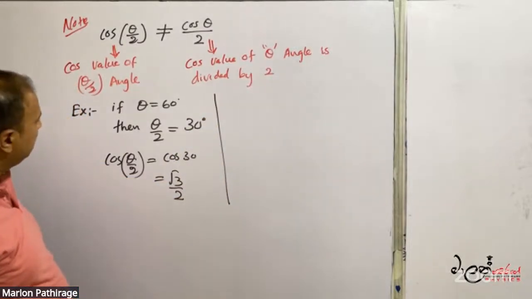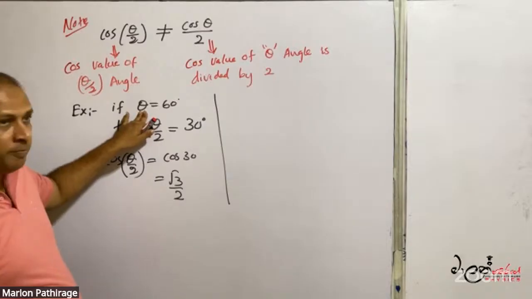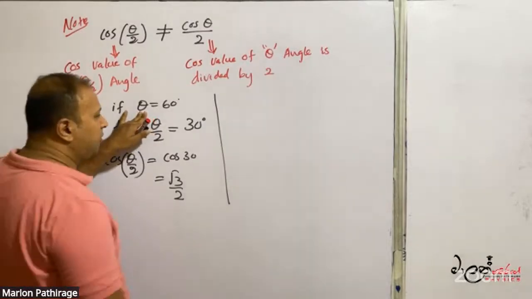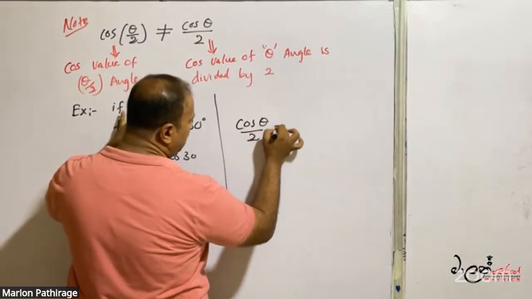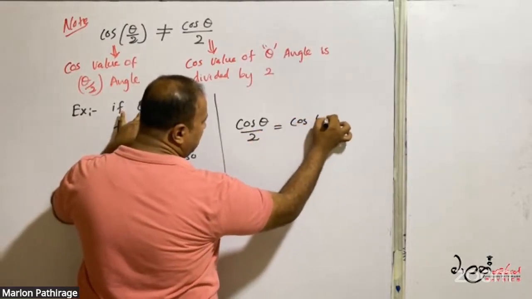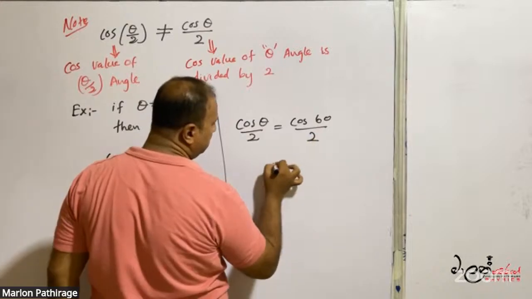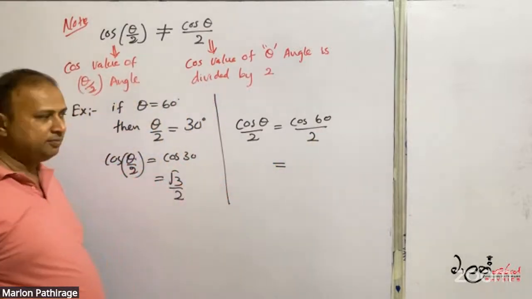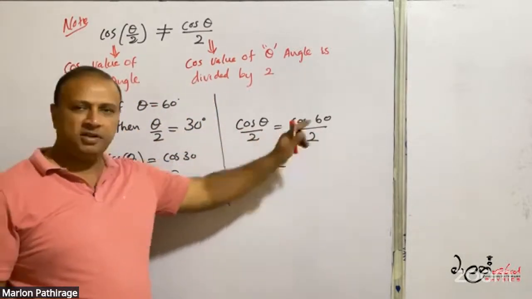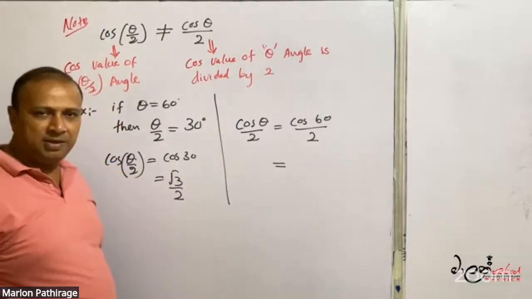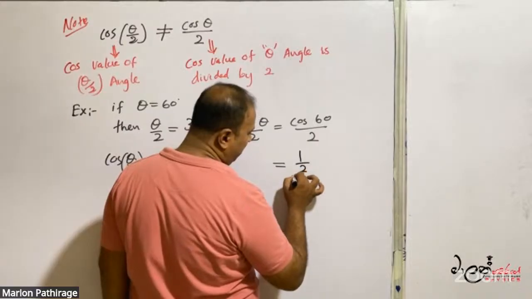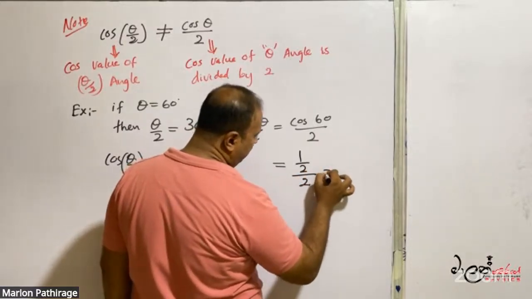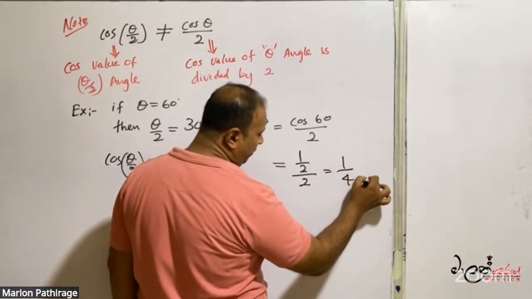Then, if theta is 60, cos theta over 2 means cos 60 over 2. Cos 60 is a half. Therefore, half divided by 2 is 1 over 4.